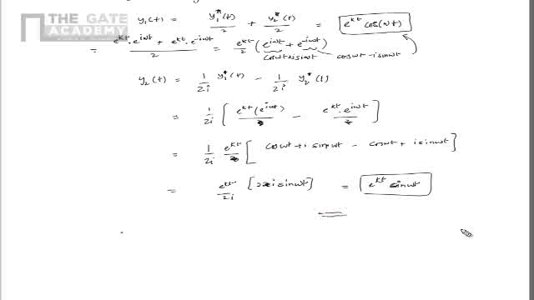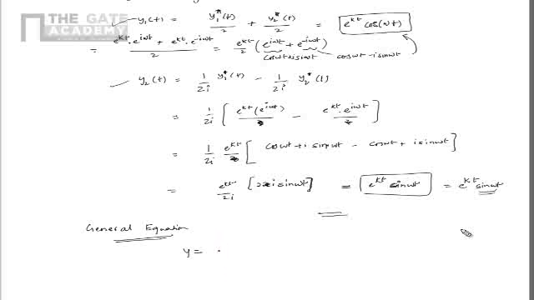So the general solution, let me write it down clearly. e power kt sin omega t is a solution. The general solution is a combination of these two, y1t and y2t.